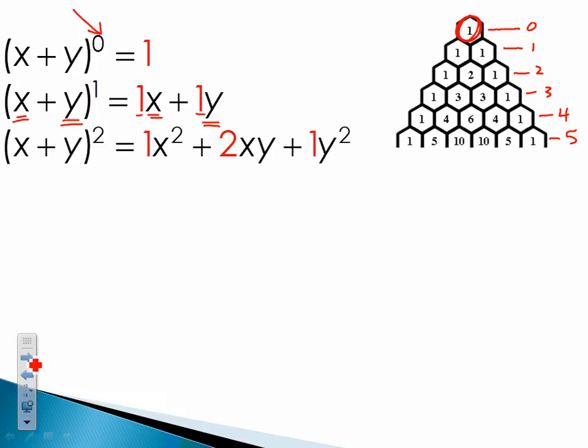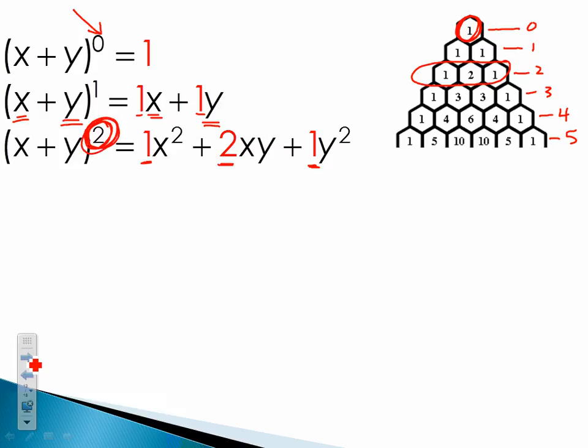Okay, now this next one, we're working our way up. All right, this one's telling me to look at row 2. So if I look at row 2 over here, my coefficients are 1, 2, and 1. That's where these came from. 1, 2, and 1. Because this tells me to look at row 2.